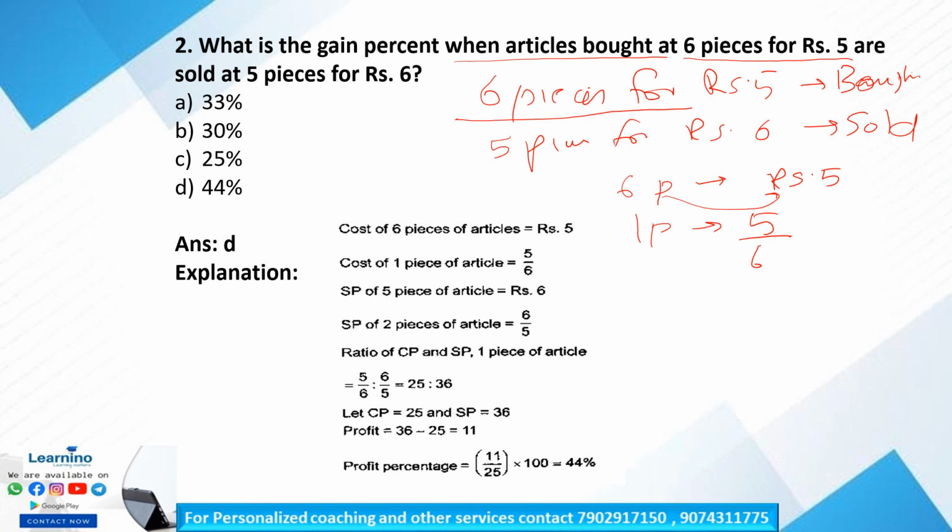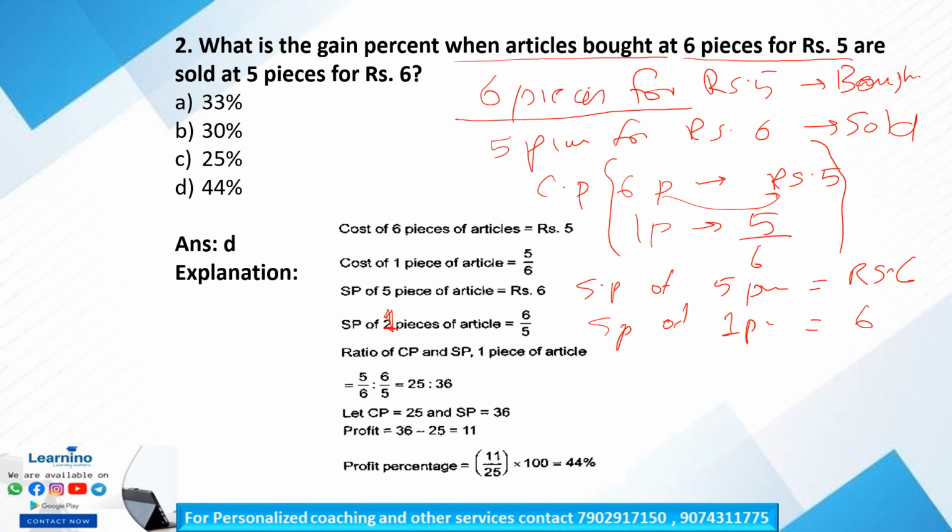6 is taken to the right hand side. So for one piece it is 5 by 6, right? This is the cost price. So what is the selling price of 5 pieces of article? It is rupees 6. So what is the selling price of one piece of article?